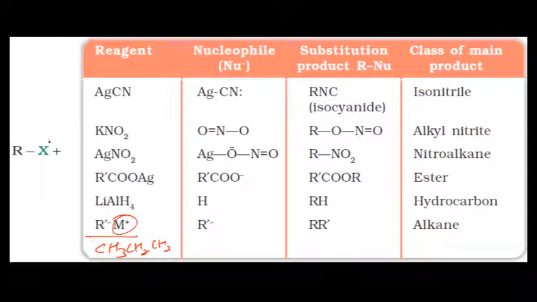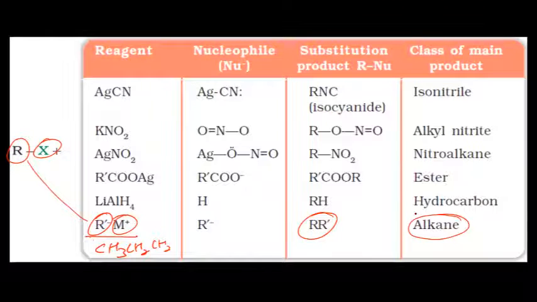This metal and halogen combine, and the rest of R and R dash combine. So alkanes are formed. In both cases, alkanes are formed. Whether we are talking about here or here, in both cases, alkanes are formed.